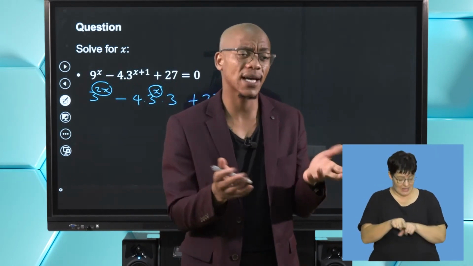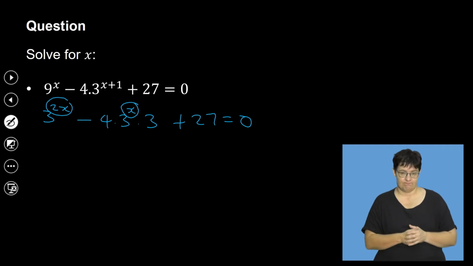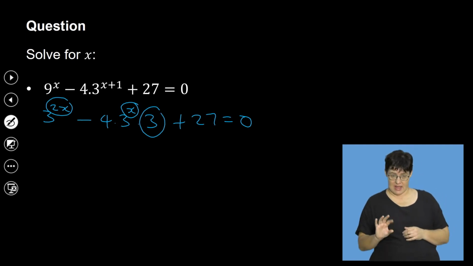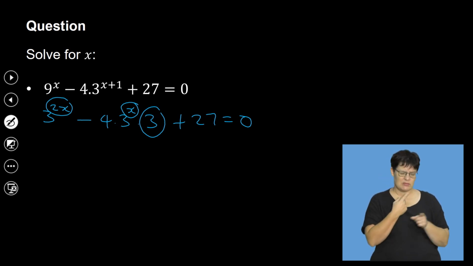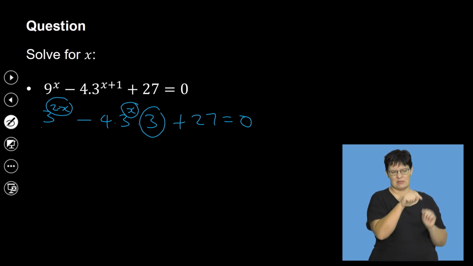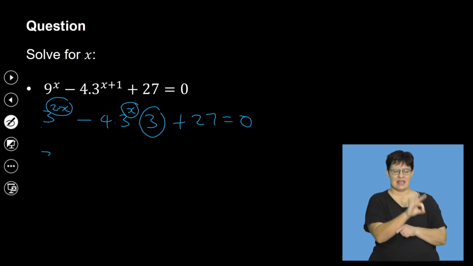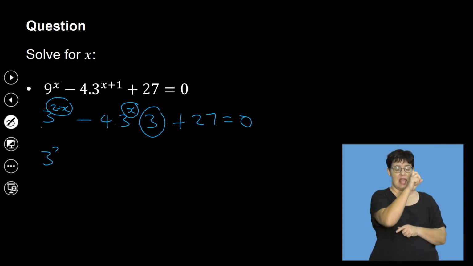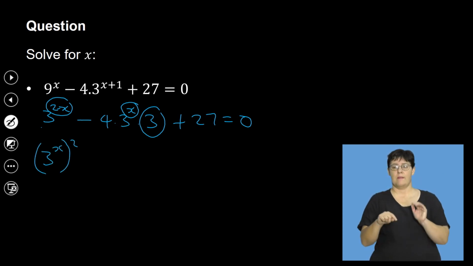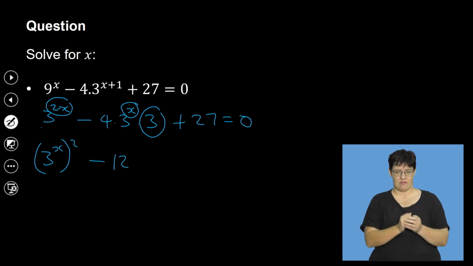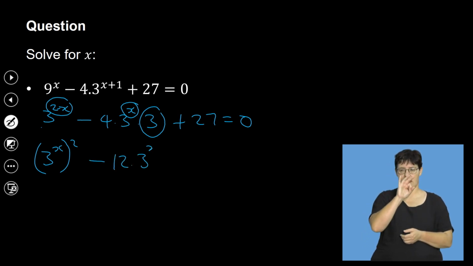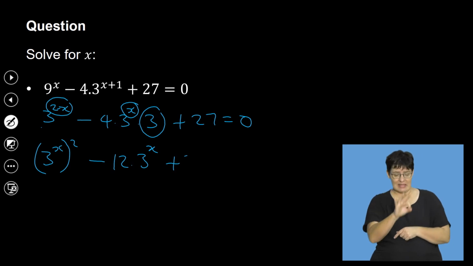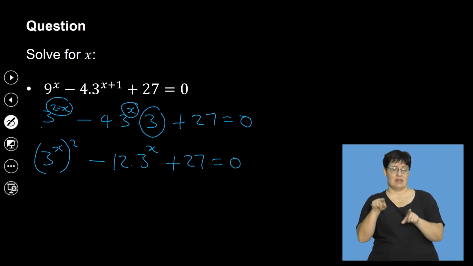So we look at that even here. So you can see that I have this 3 there. Maybe I can try divide by it, but if I do that, this will make it 2x minus 1. So I will just make it 3 to the exponent of x all squared minus the 12 times 3 to the exponent of x plus the 27 equal to 0.